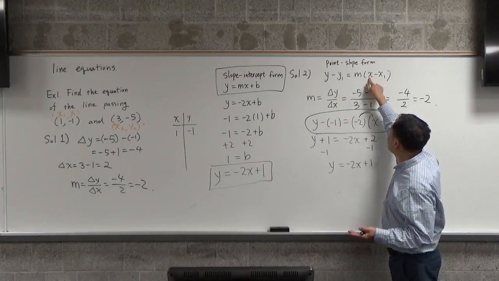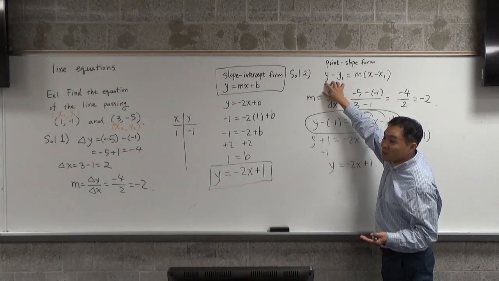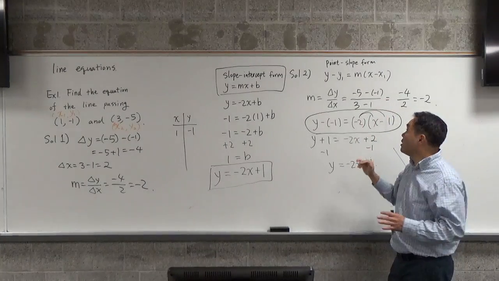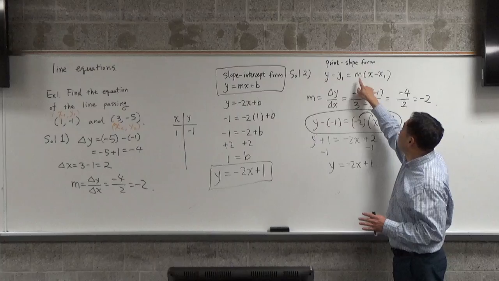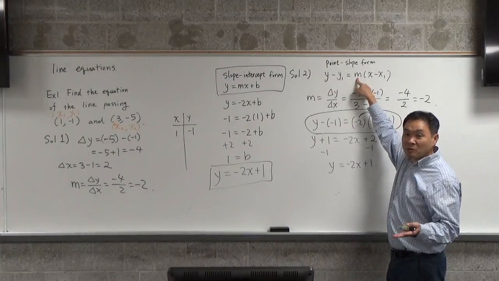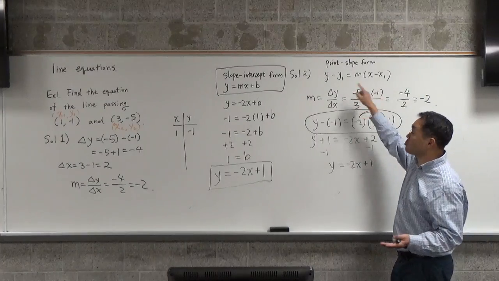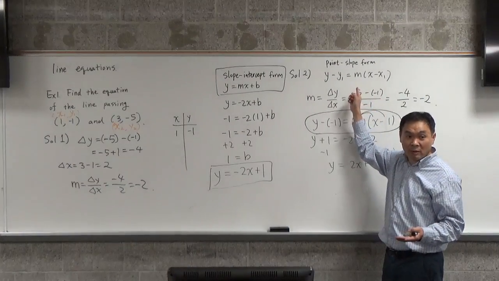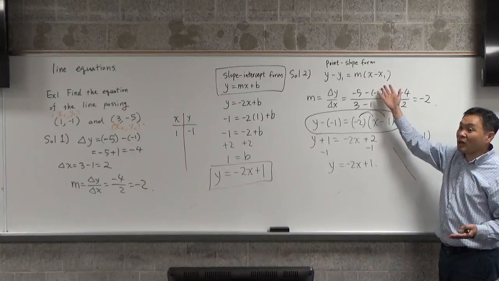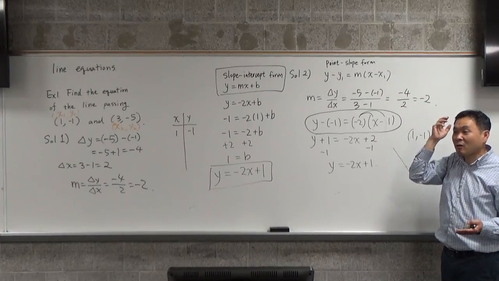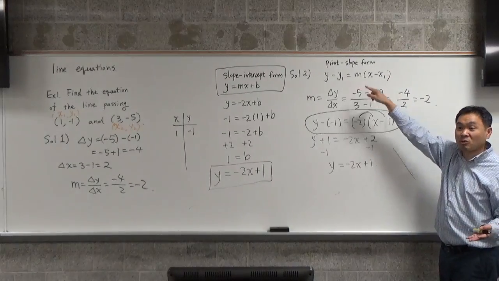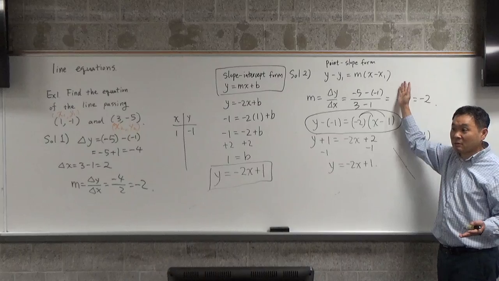If you plug in x1 here and y1 here, they're going to give you 0 equals 0. So it passes through x1 and y1, and then it will have the slope m. What else can it be? It has to be the line that passes through x1 comma y1 with the slope m. That's what it's saying. If you can look at this equation and think that way, there's nothing to memorize. It's just saying 0 equals 0.